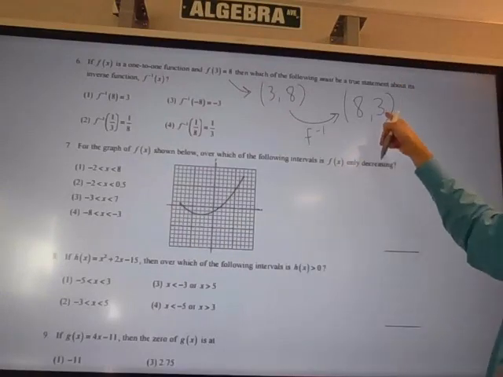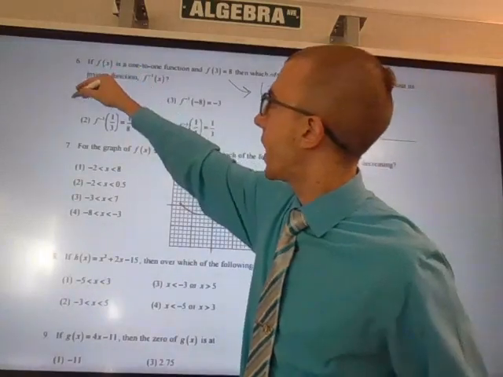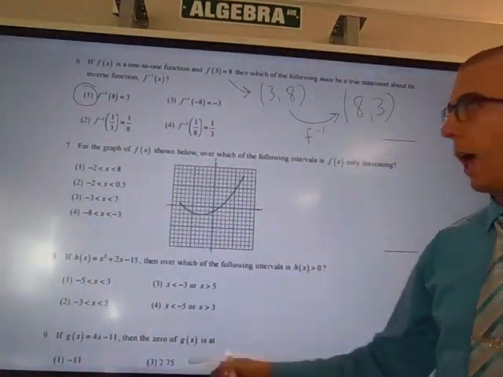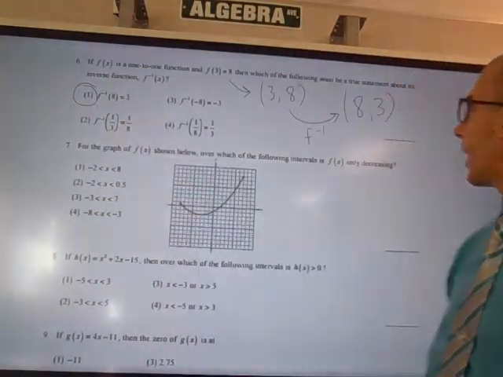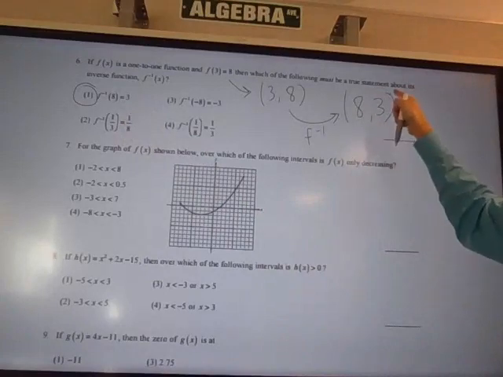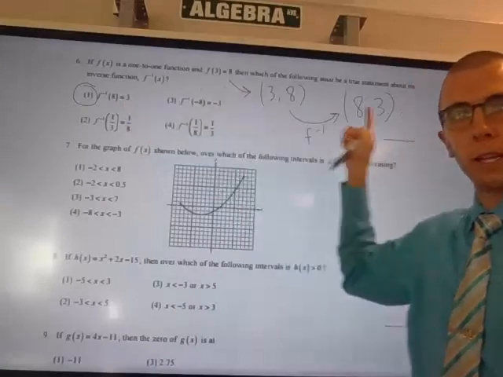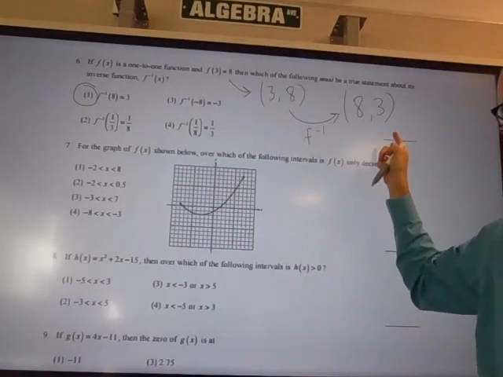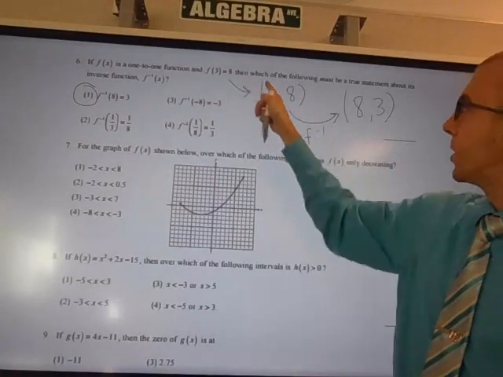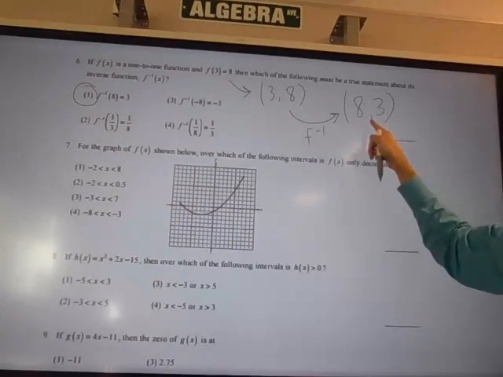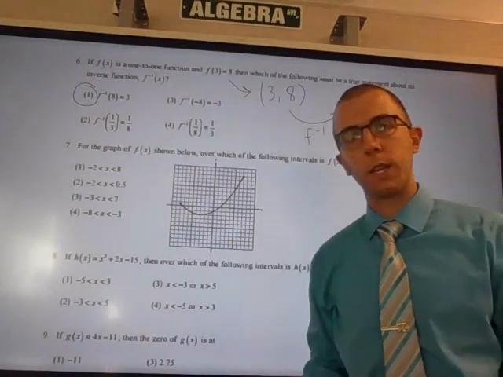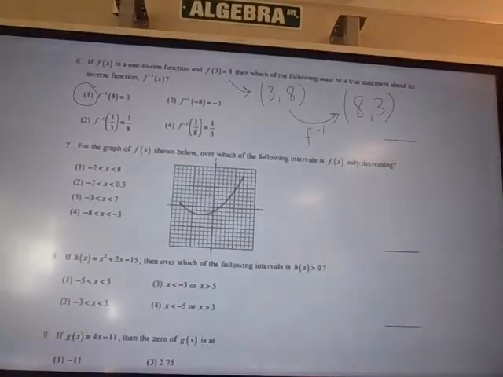And 8, 3 corresponds to the notation in choice 1. F inverse of 8 equals 3 is what this point represents. Okay, our point on our original becomes this point on our inverse function. Very important concept to remember.